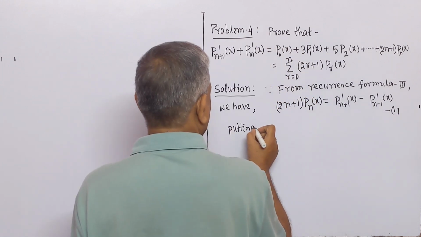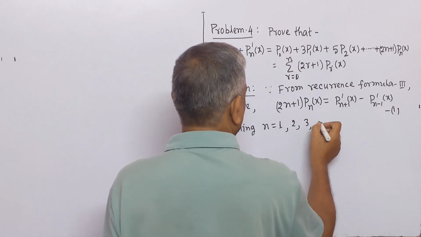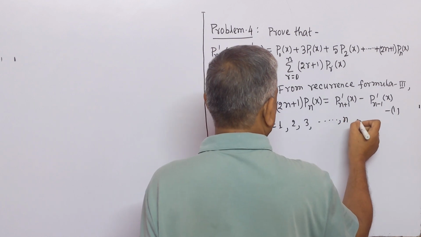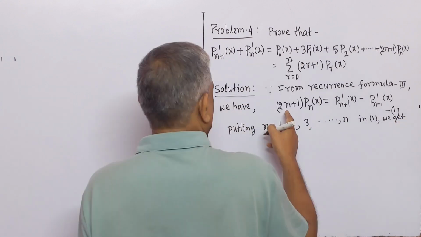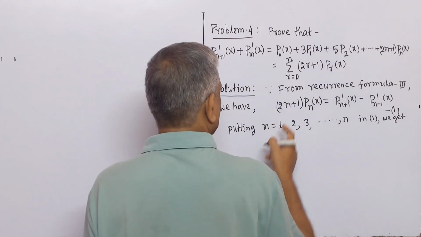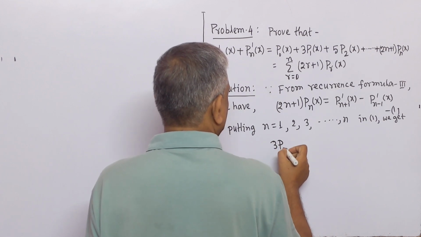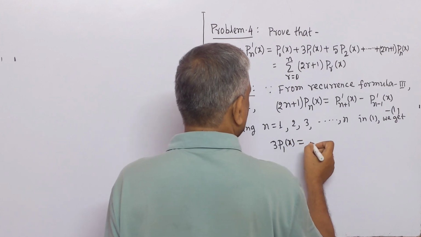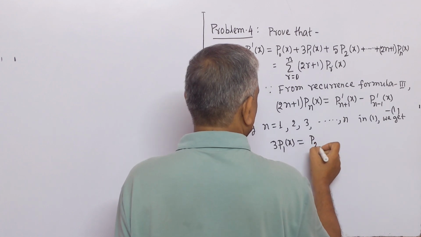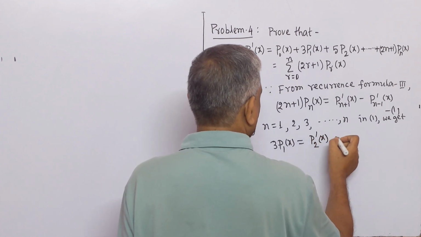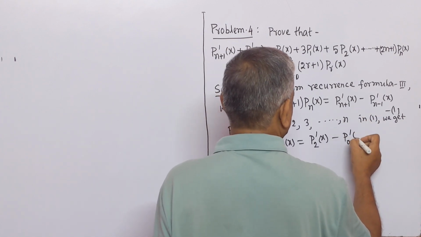Putting n equal to 1, we get 3 P_1(x) = P_2'(x) - P_0'(x).